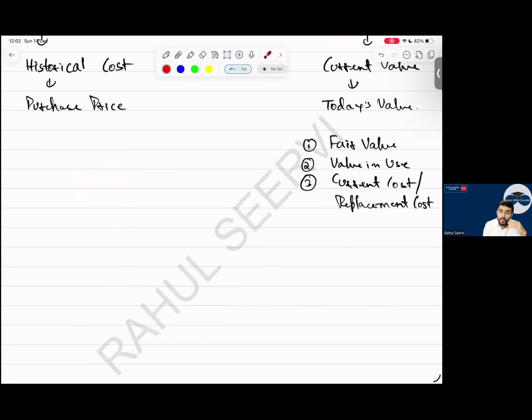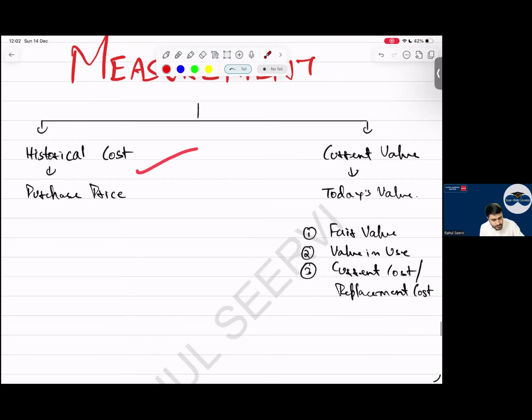Current value. Why current value? Sir, changes are very frequent. So can I say here I am selecting which one I should use, either historic cost or current value? Is there a reason behind this? One simple thing. What is the reason?